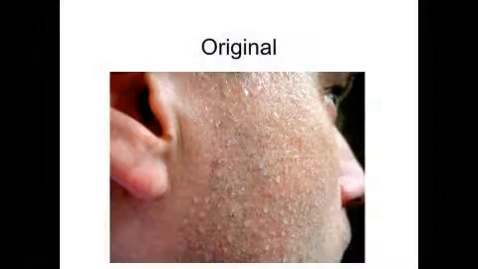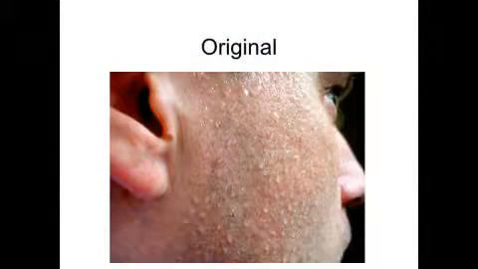Let me just show you one example here. This is a picture. I don't remember why I processed this picture. This is a picture I found on Flickr of a guy's sweaty, stubbly cheek.